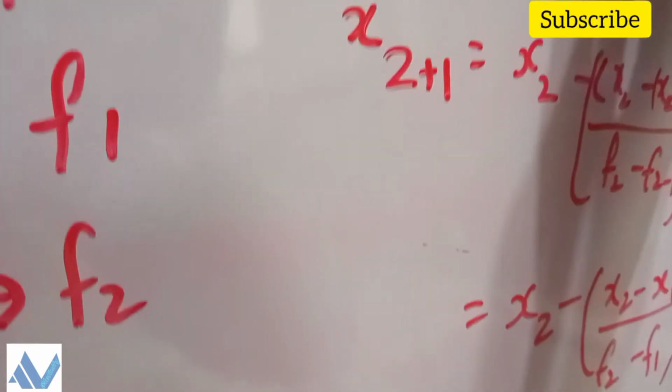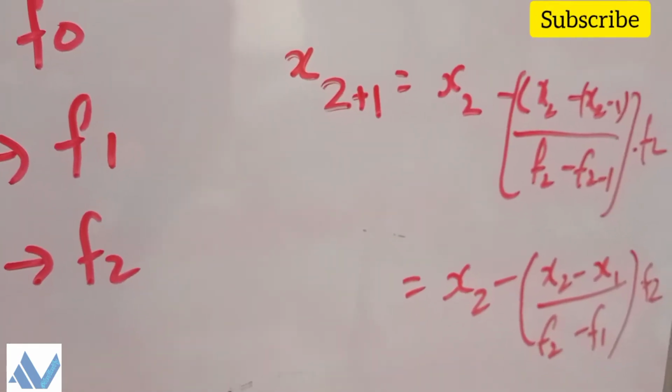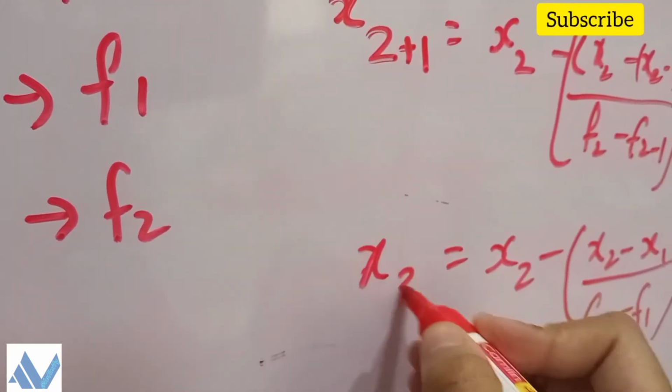The bracket is not here in the formula, but I keep it like that for my understanding. Into f2, okay. So this x2 plus 1 becomes x3.